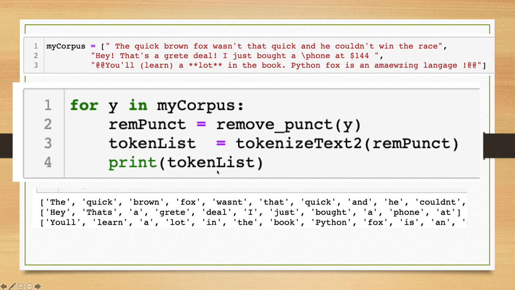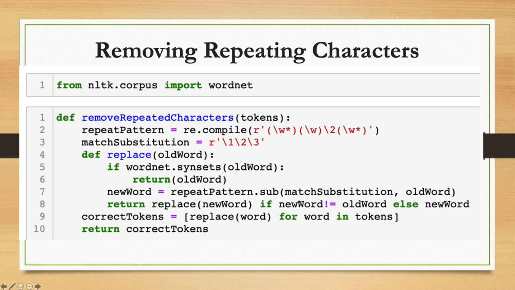The output here, since we call the tokenize function: try to look at wasn't, the apostrophe is removed, and also the dollar 144 is removed. That's how you remove the punctuation.